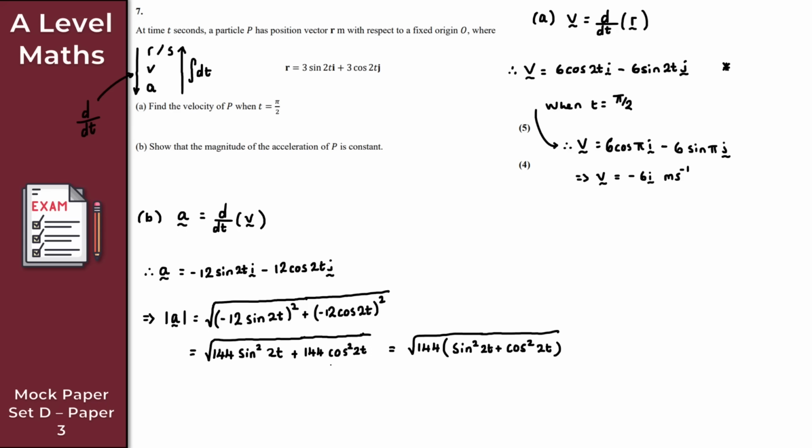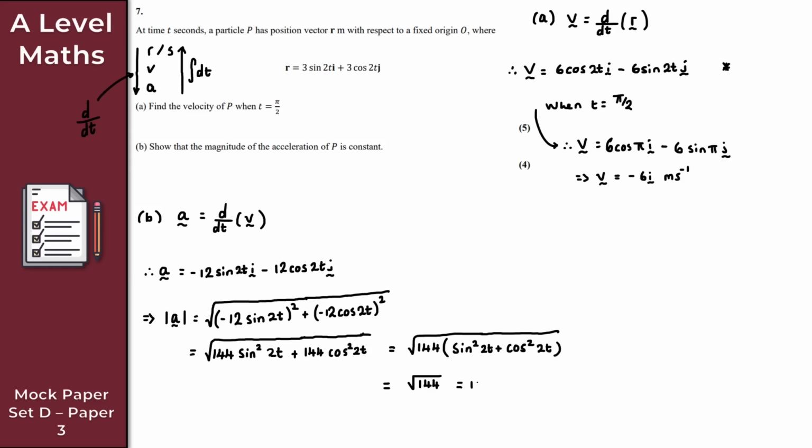Hopefully at this point you can see why the magnitude of the acceleration of P is constant, because sine squared 2t plus cos squared 2t is just 1. That's our basic A-level maths trig identity from year 1 material: sine squared x plus cos squared x is equal to 1. So I've got the square root of 144, which is simply 12.